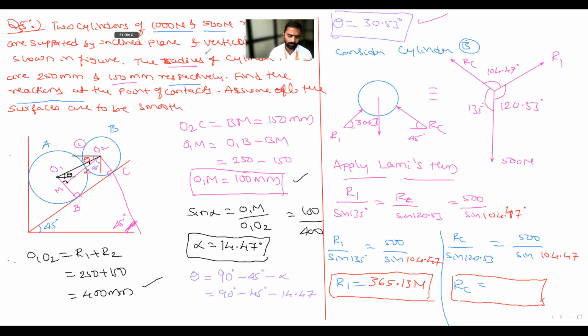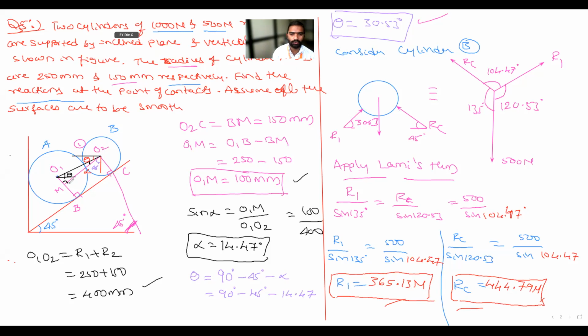Check it once again. Others got 444.79, anyone? Yes, sir, 444.79. Yes, correct. 444.79. Check. So this is R1 and this is RC. So from cylinder 1, we found R1 and RC.